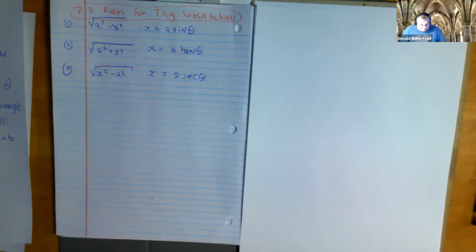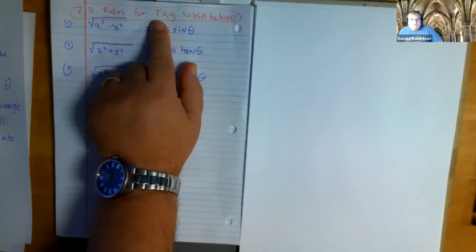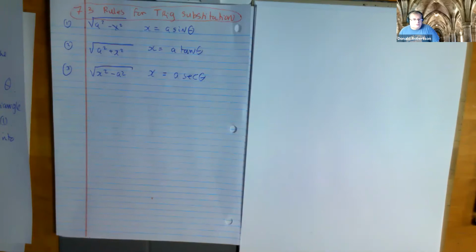Right, so we are going to look at what's called trig substitution. It's a very interesting type of substitution. We will not be using u subs, but what I like to call x subs. That's my name for them.